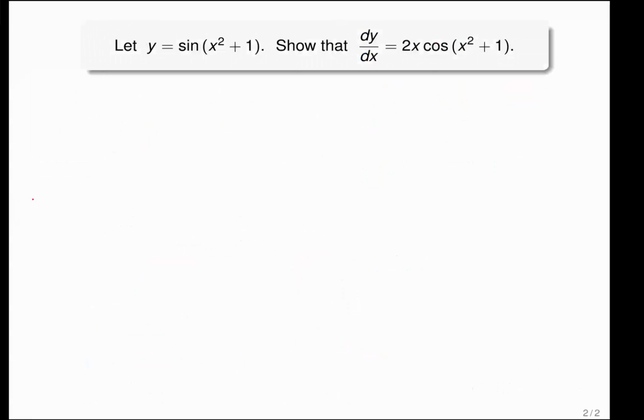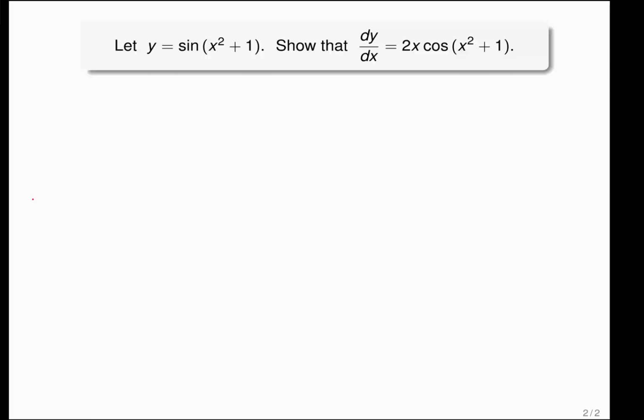Let's employ the procedure on the composite function sine of x squared plus 1 and show that its derivative is the function 2x times cosine of x squared plus 1. That is, for any x value, the function 2x times cosine of x squared plus 1 outputs the slope of the tangent line to the original function at that point, thereby telling you the rate of change of the original function at that point.